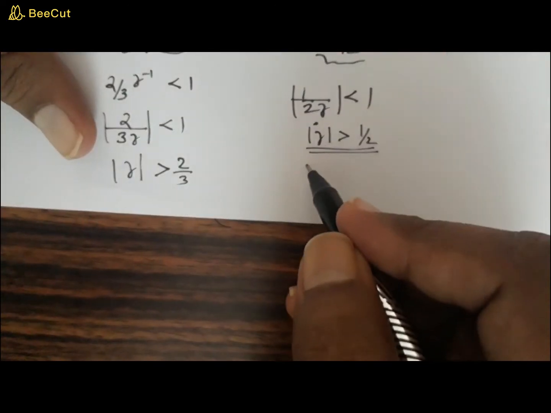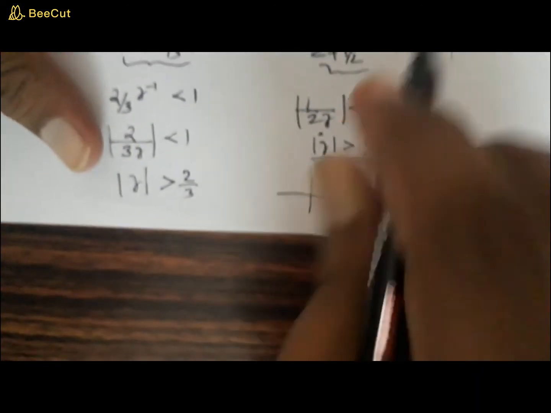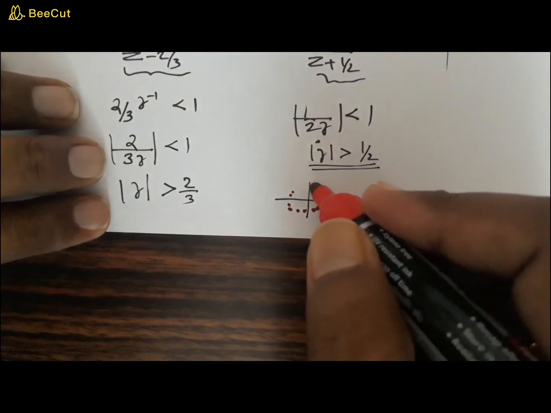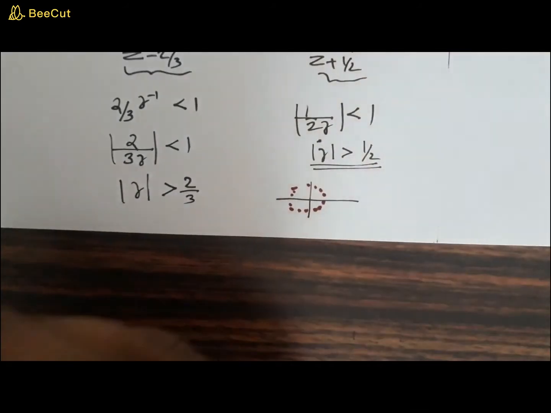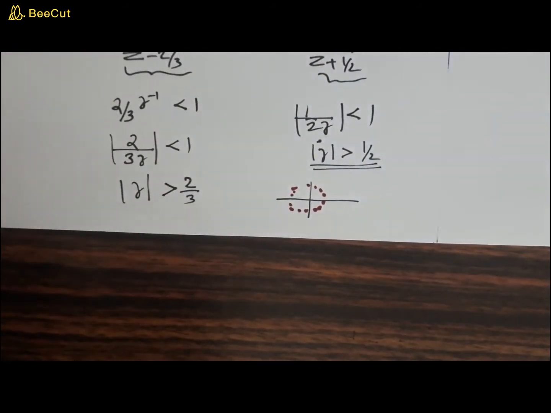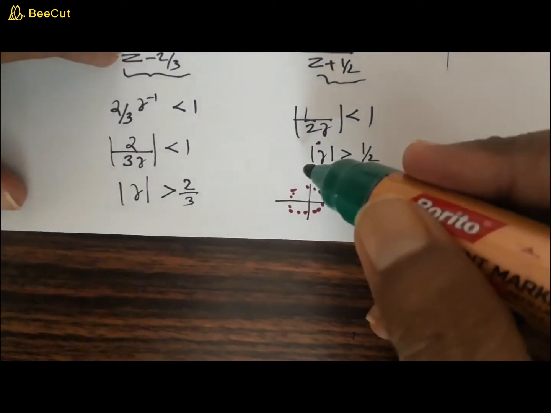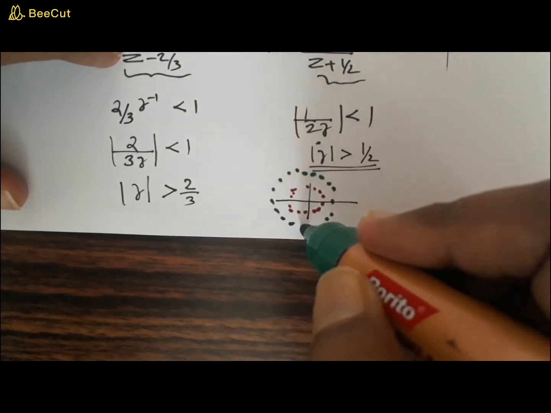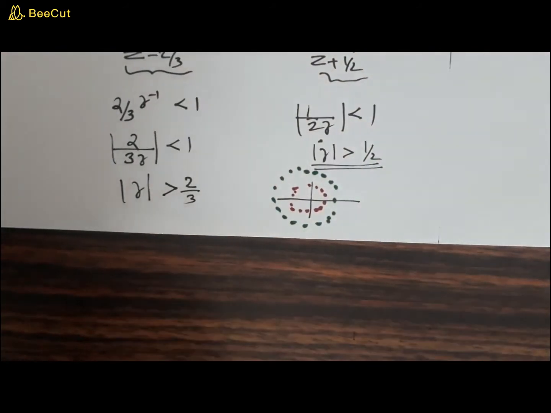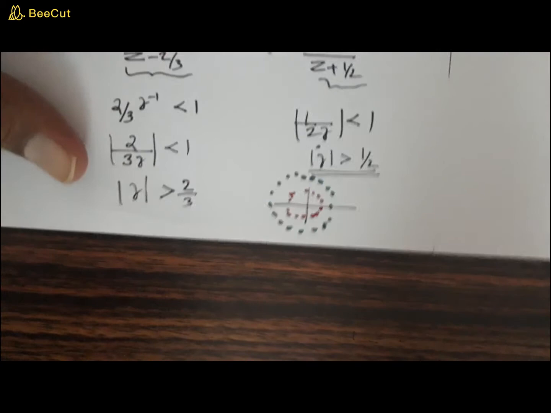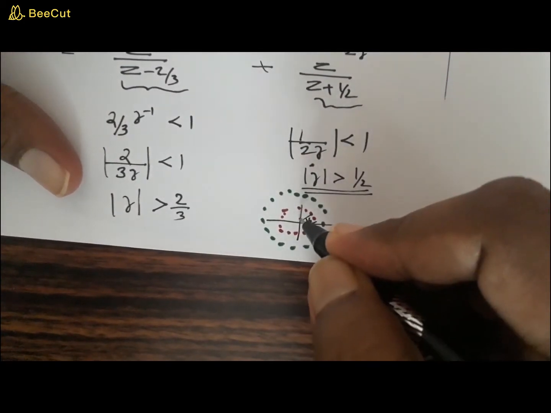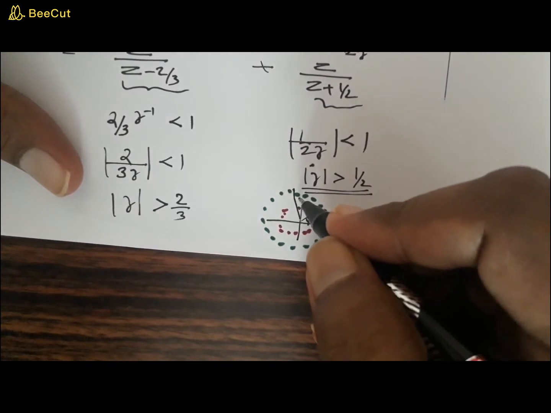So you can draw the graph like this. Okay, assume that this is a circle, then you can have another big circle like this. Now this must be half, and this must be what? 2 by 3.